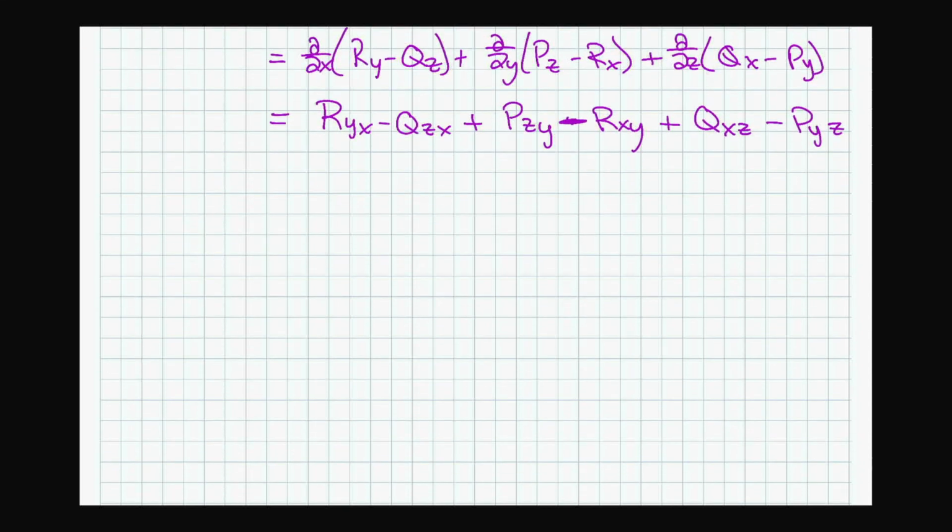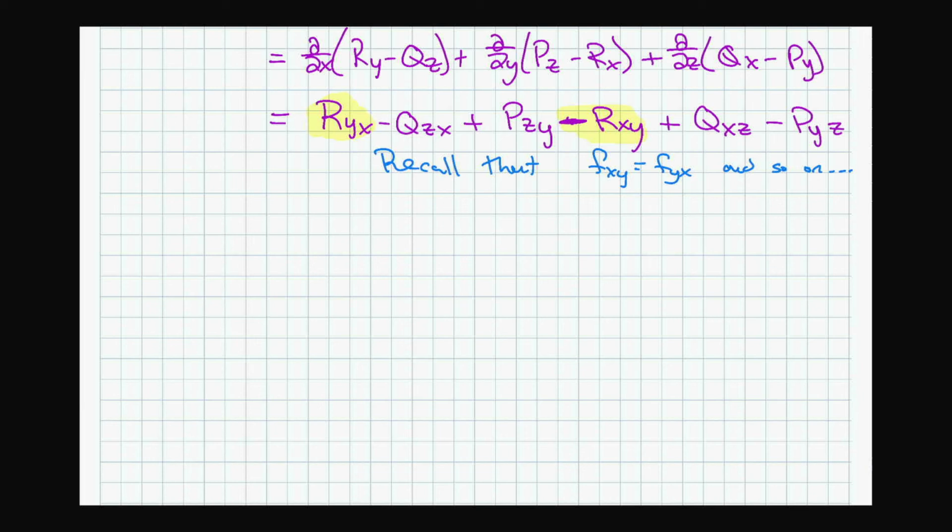But remember that we had a rule for mixed partials. Recall that f xy should equal f yx, and so on, provided that these are continuous. And if you do that, what you'll see is that you've got R yx here, but then you've got negative R xy here.